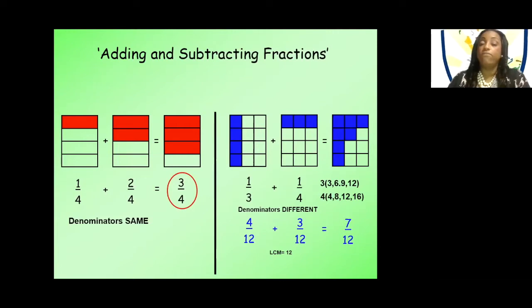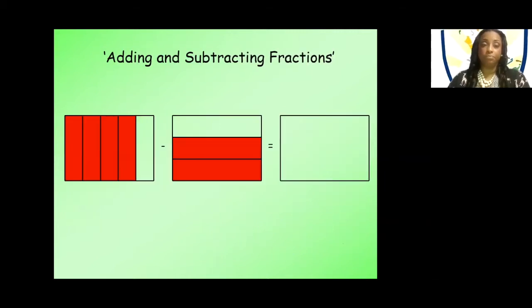In this case, 4 plus 3 equals 7. And again, we have found our common denominator, or the LCM, which is 12, and we want to keep that.